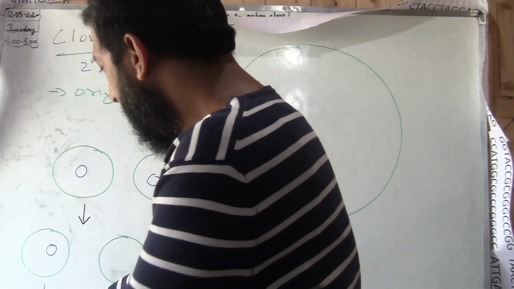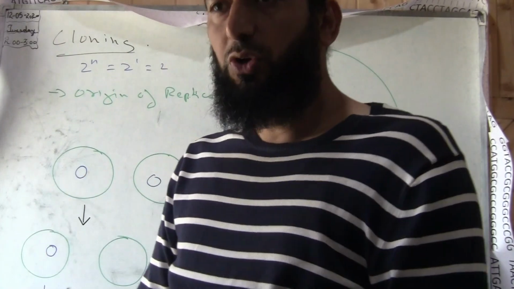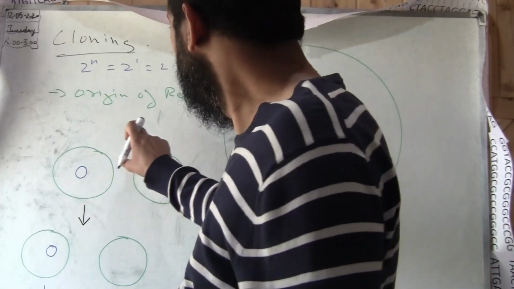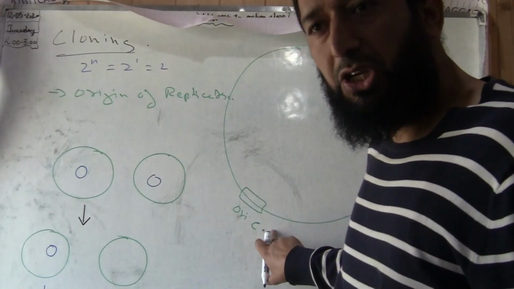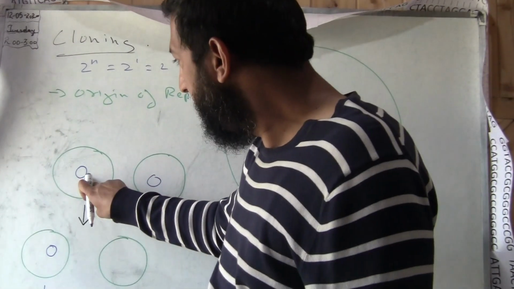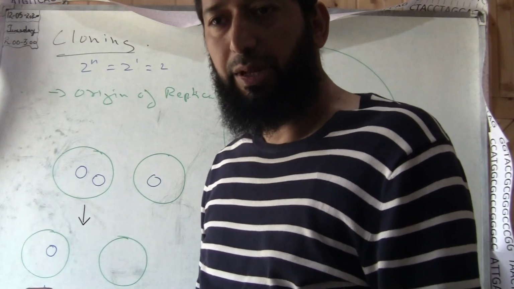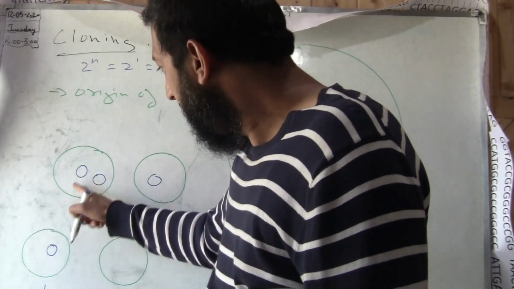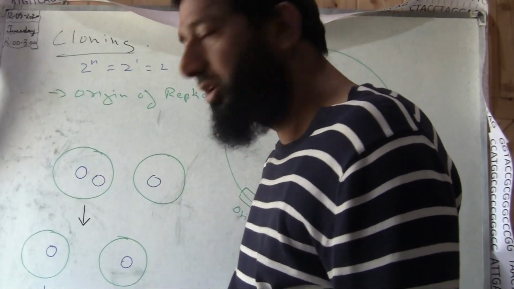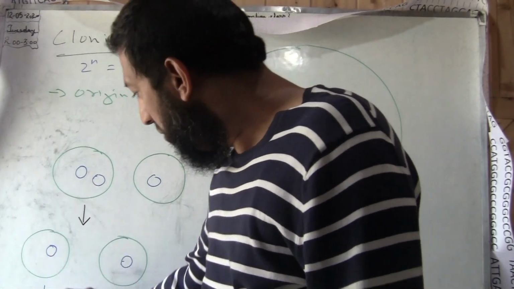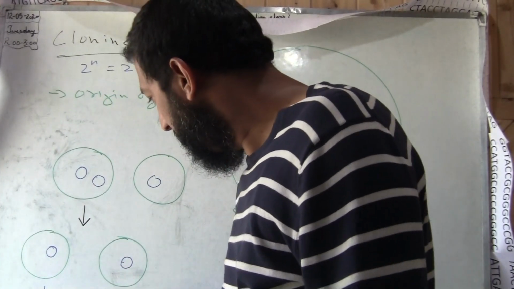You cannot have only one copy. So what we do is put an origin of replication here so that this vector replicates, what we call DNA replication, and one copy goes into one cell and another into the other.